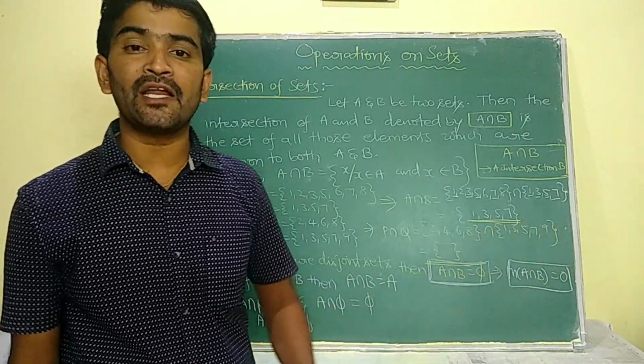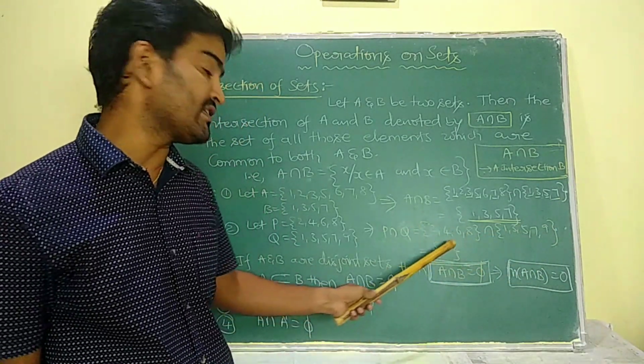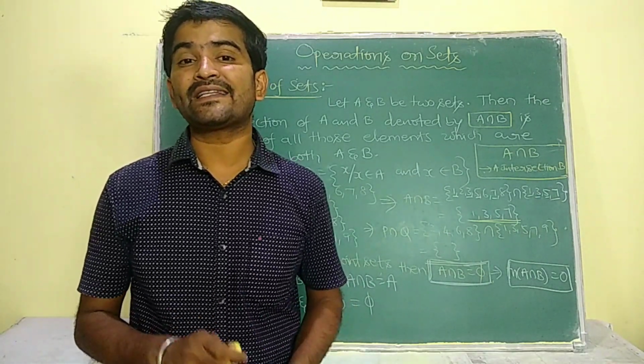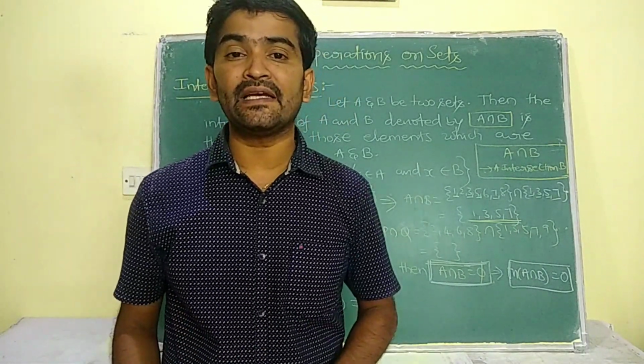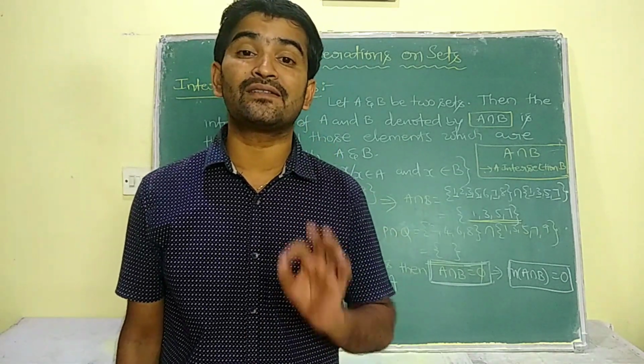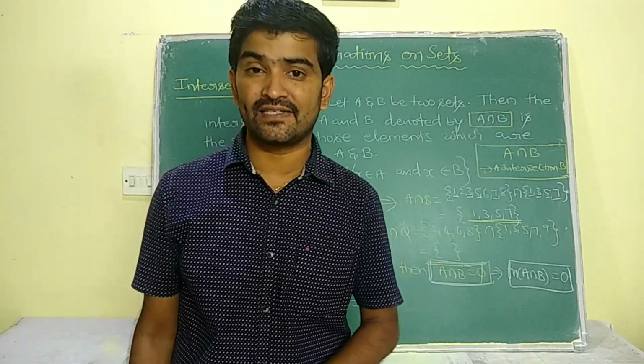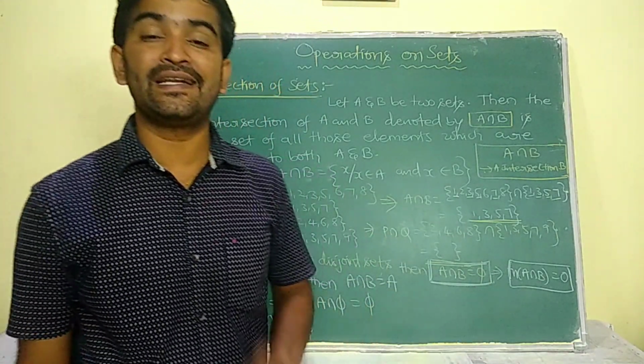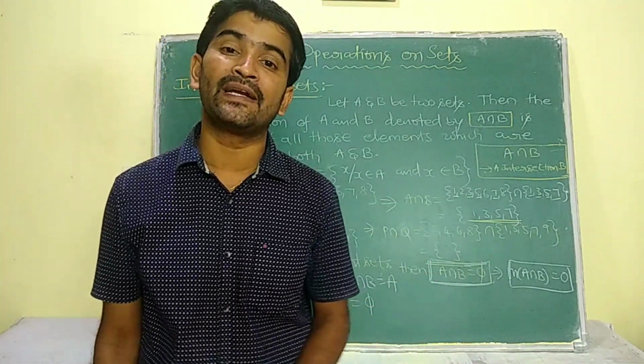But there is no common element, that is why P intersection Q is empty. If the intersection of any two sets is empty, then those two sets are known as disjoint sets. We already discussed it. So here P and Q are disjoint sets. There is no common element.